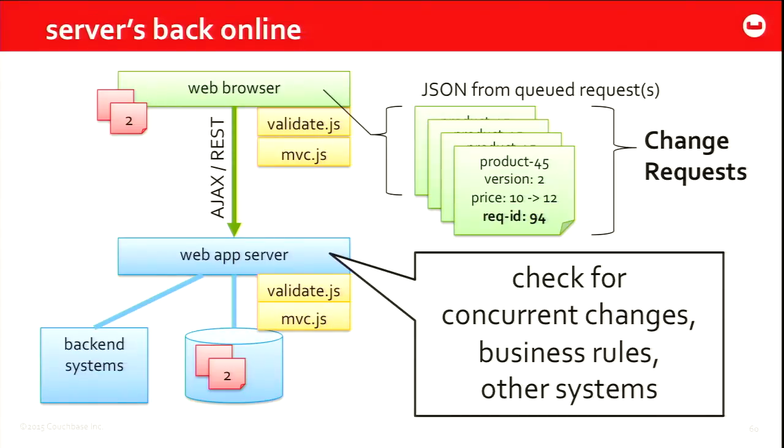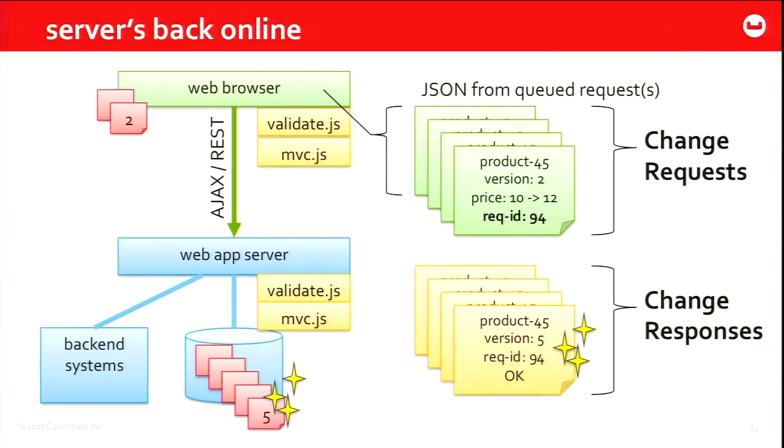And it can do its things like check for concurrent changes, check all the business rules. It can call out to third-party systems. Like there might be backend systems for credit checks and, I don't know, currency exchange rates or stuff like that, and make sure everything's cool. And then update server-side business documents appropriately. Eventually, for each change request that's been coming in, it's going to create these things we're going to call change responses, just more JSON documents, right?